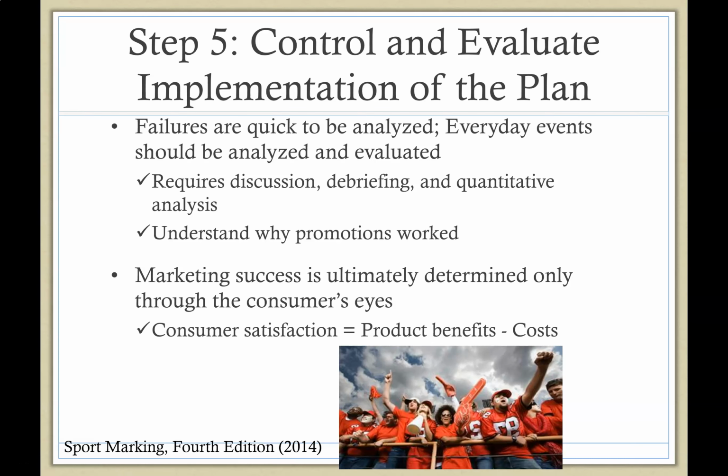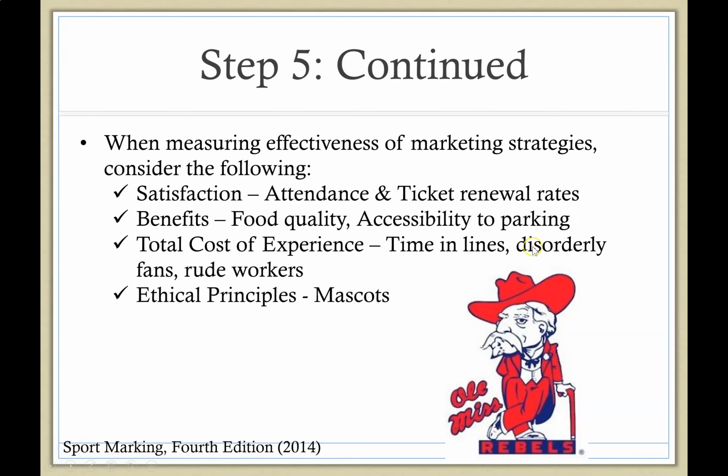The idea is we're trying to make our consumers happy, and that involves developing a great product at a reasonable cost to where they will consume whatever it is that we're selling. When we start measuring how effective what we're doing is, we have to look at things like satisfaction, benefits, total cost of experience, and ethical principles.